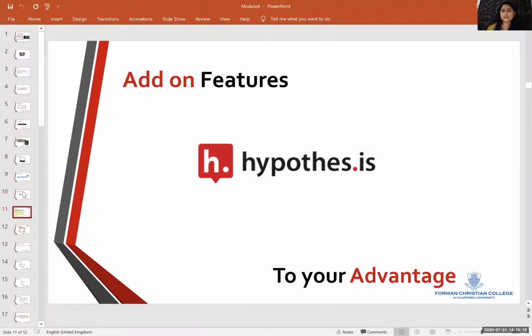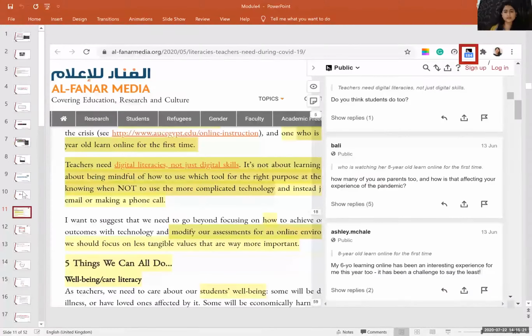This is an example of one of the articles my group and I discussed and launched a discussion forum on. This was written by one of the best educators out there in Egypt, Mahabali, and we discussed this whole article.